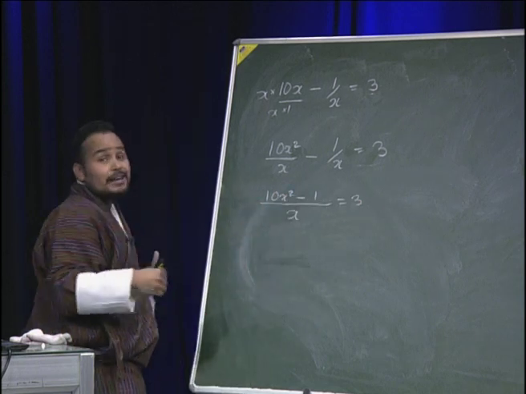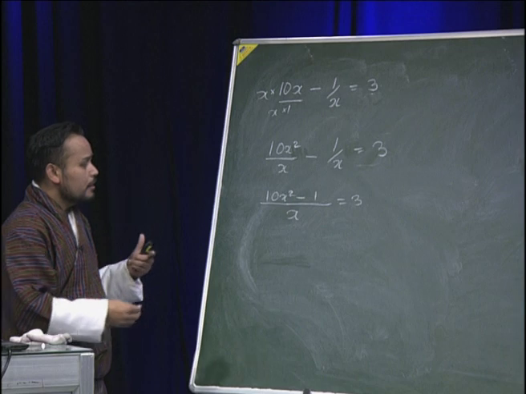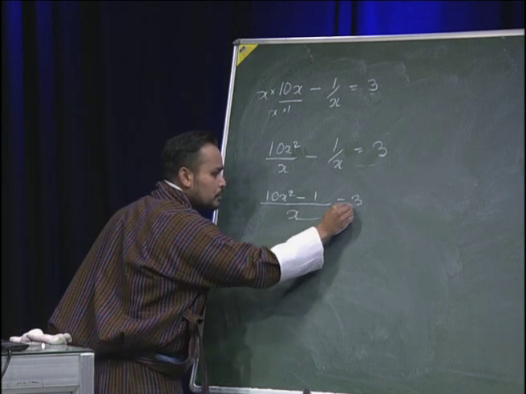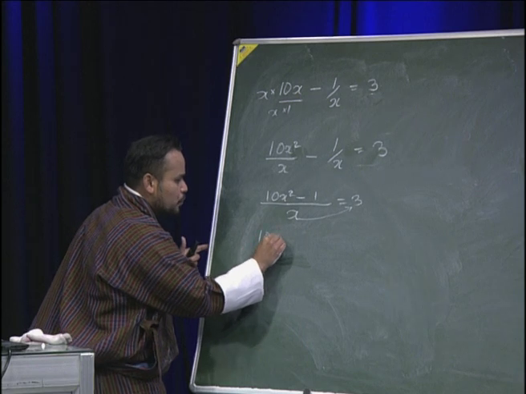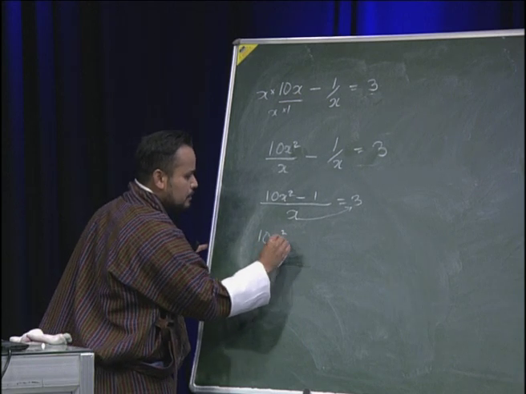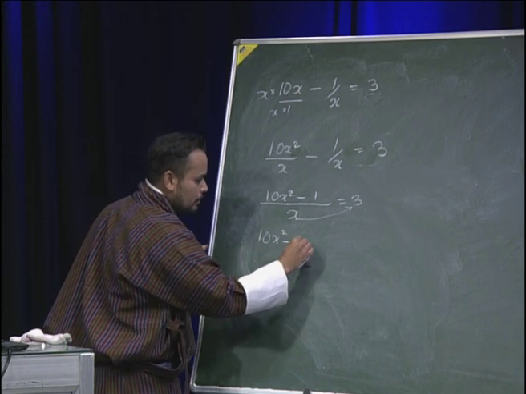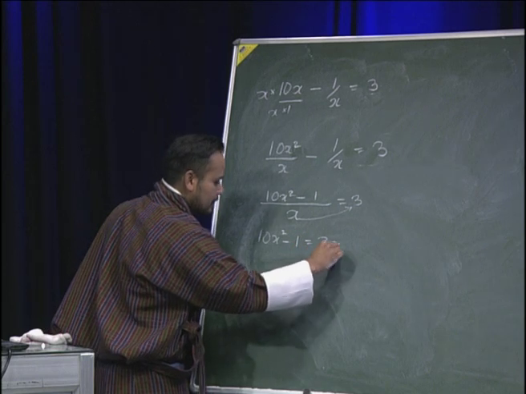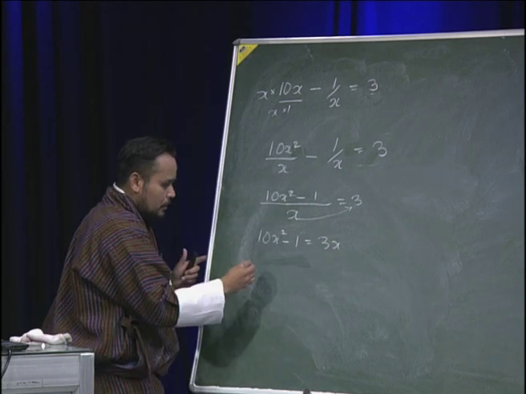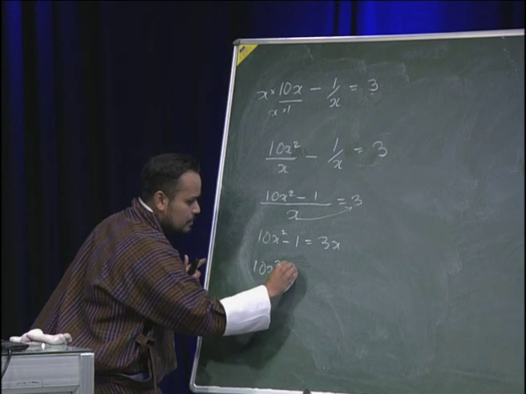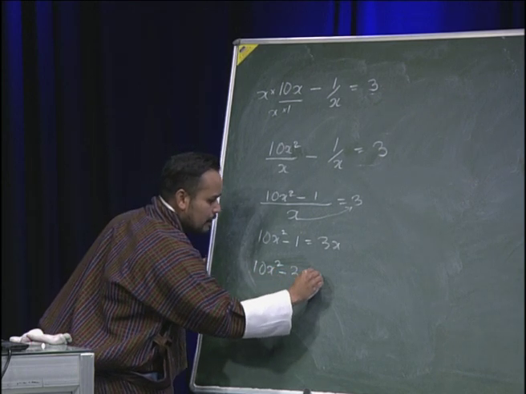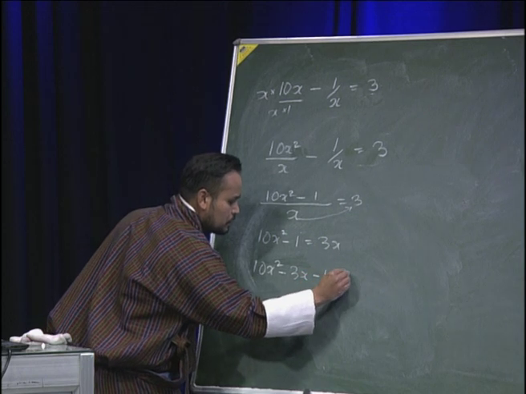These two terms are unlike terms, so you cannot simplify; rather you multiply this one with 3, cross multiplying. So you are going to get 10x square minus 1 is equal to 3x. When I bring this 3x to this side, it will be 10x square minus 3x minus 1 is equal to 0.